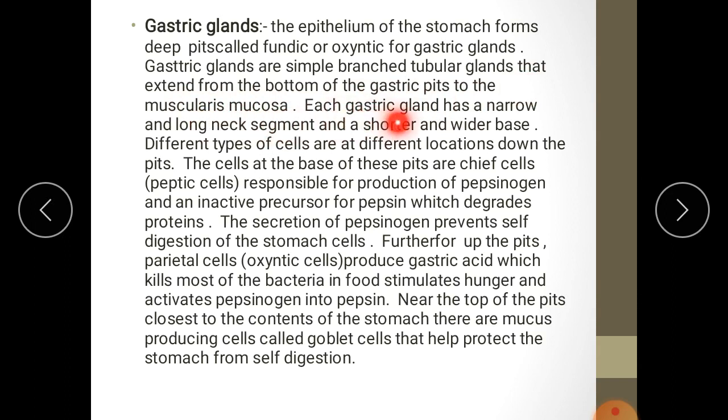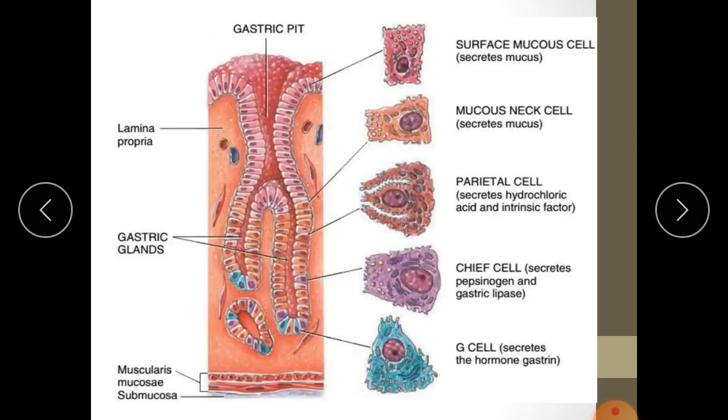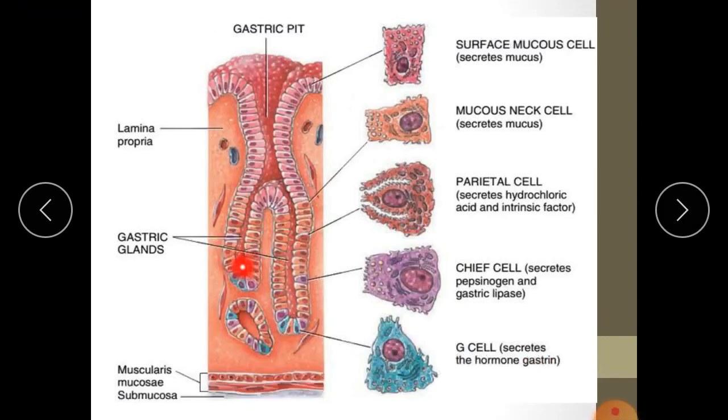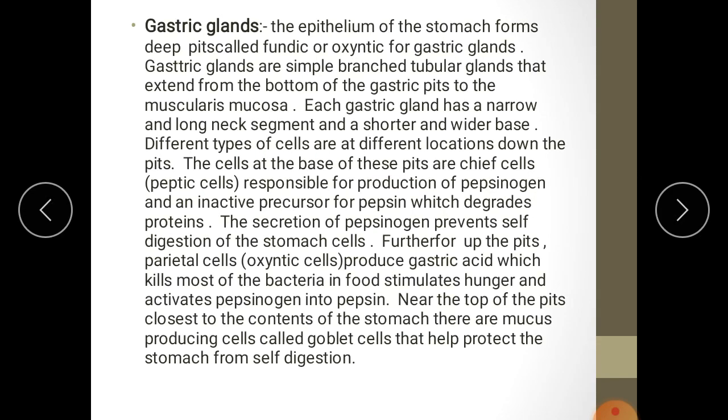Each gastric gland has a narrow and long neck segment and a shorter and wider base. So the base is wider, and at the top, the neck is narrow.